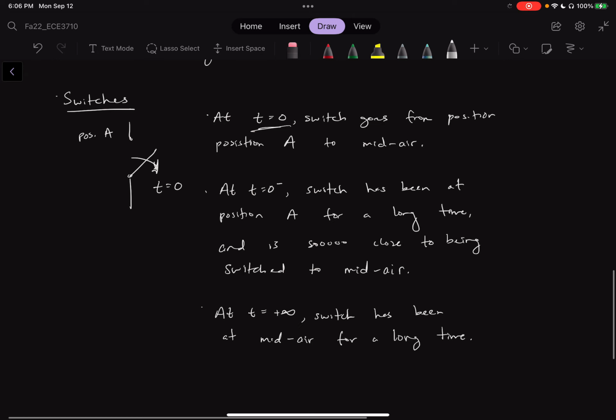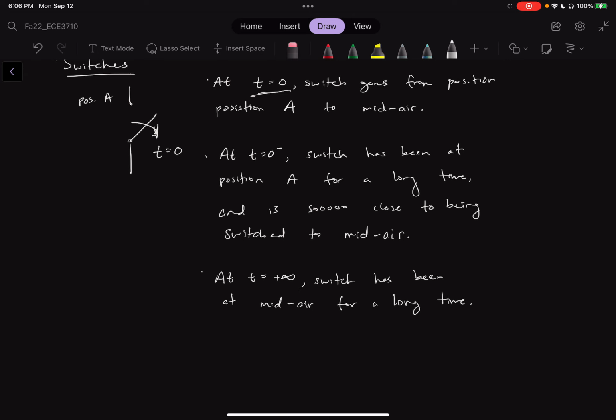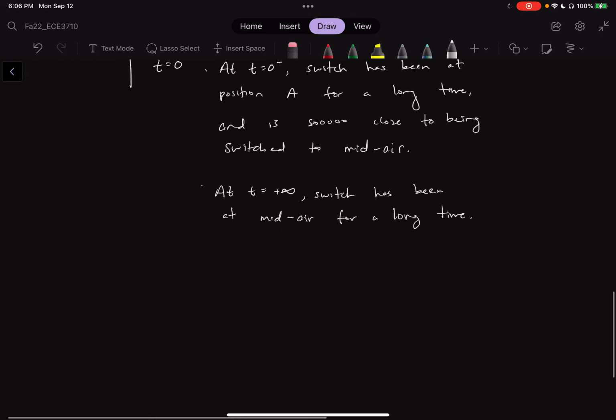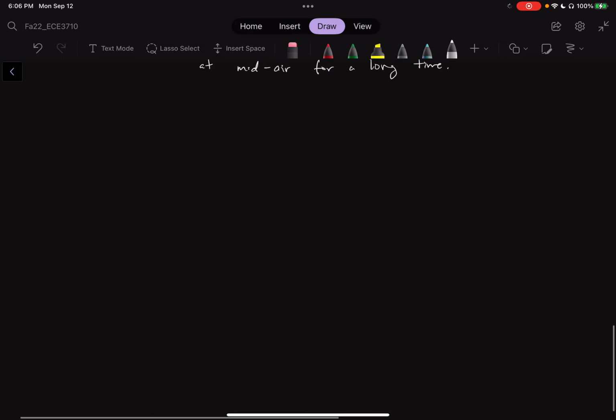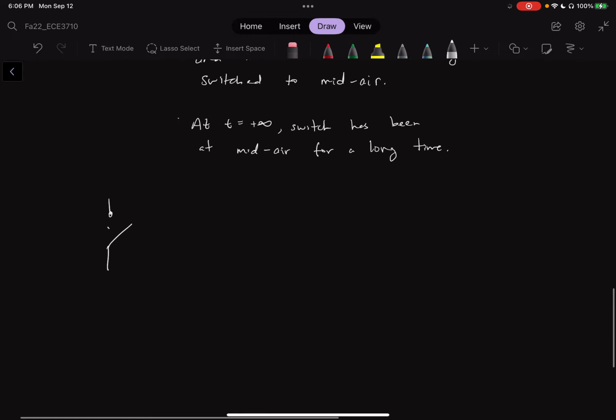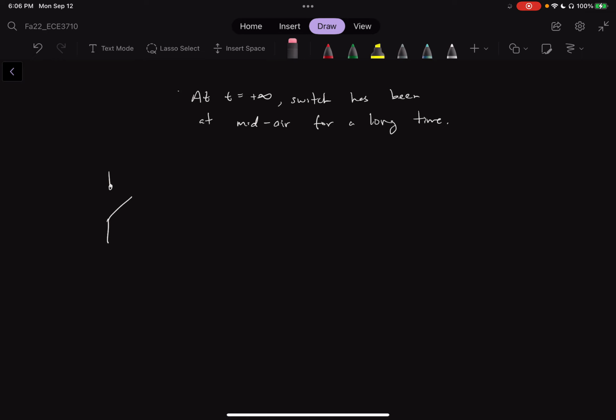Now, the opposite can be true. For example, I could have had a switch that was... there you go. Let's try to make that cleaner.